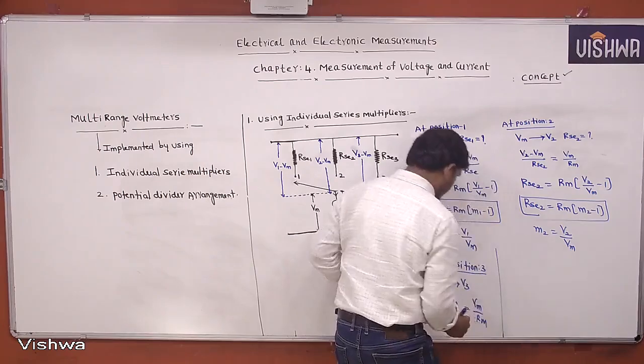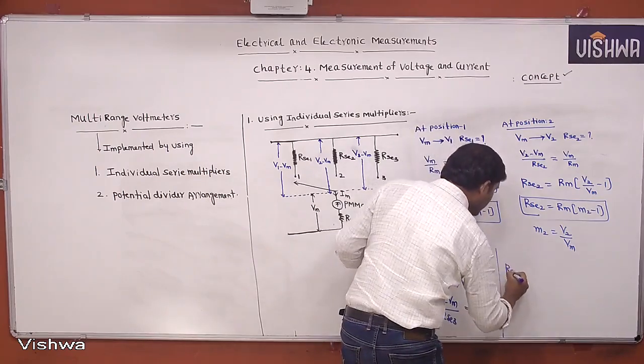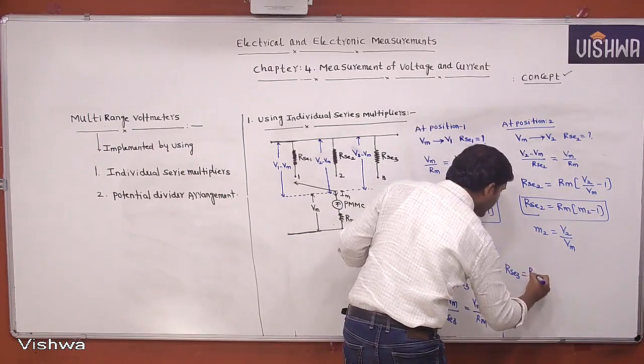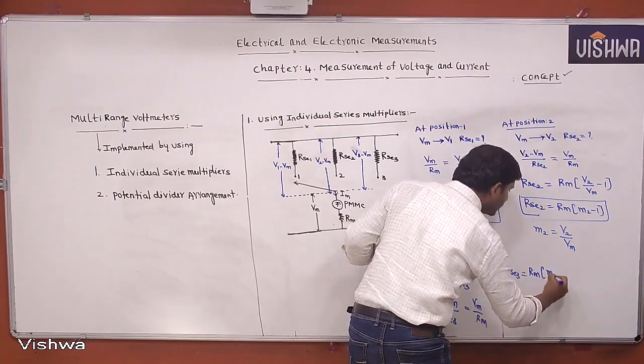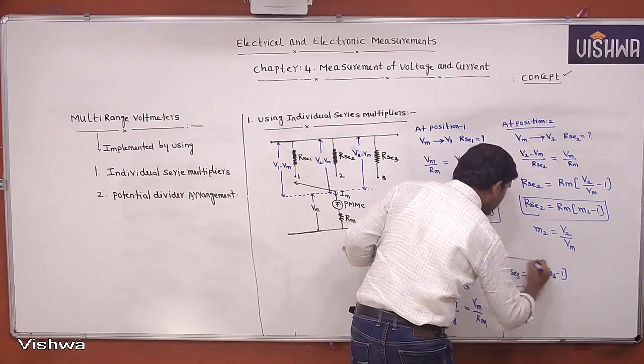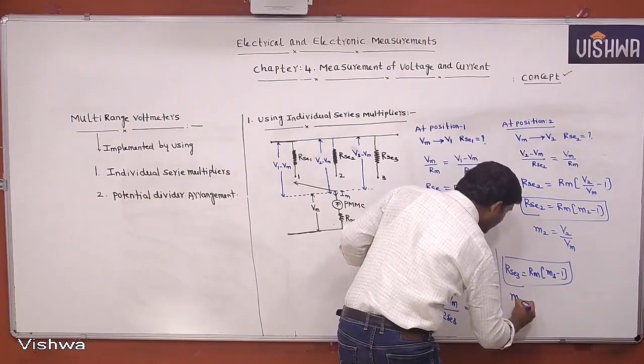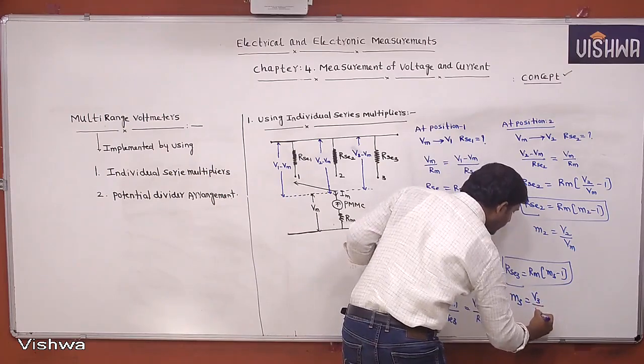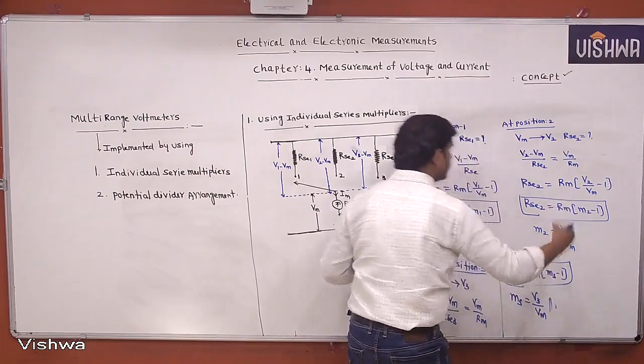Then from this, RSC3 equals Rm into M3 minus 1. What is M3 here? V3 by Vm. Like this we can extend the range.